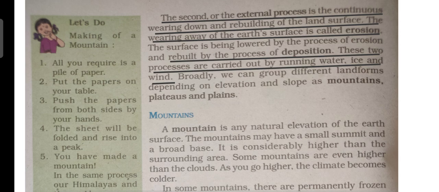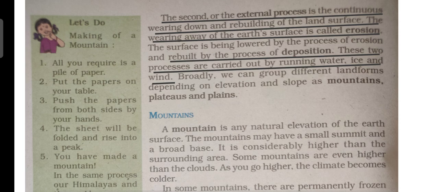The surface is being lowered by the process of erosion and rebuilt by the process of deposition. These two processes are carried out by running water, ice, and wind. Broadly, we can group different landforms depending on elevation and slope as mountains, plateaus, and plains.